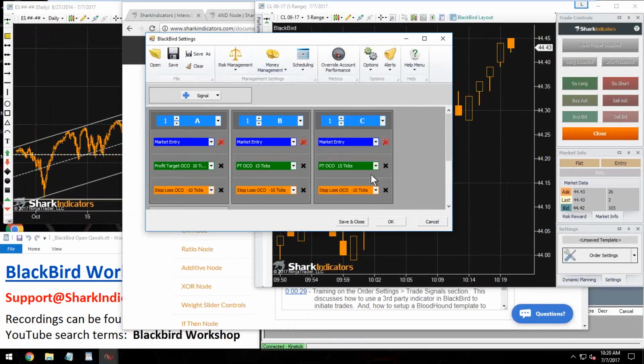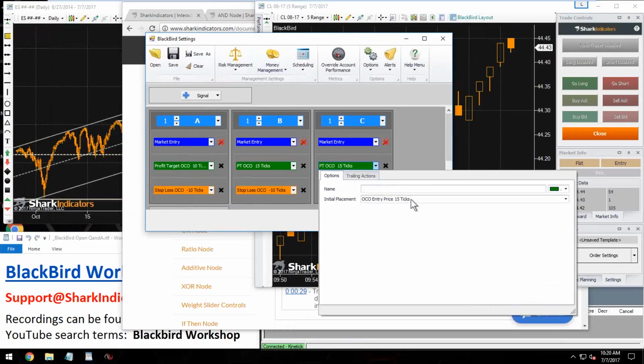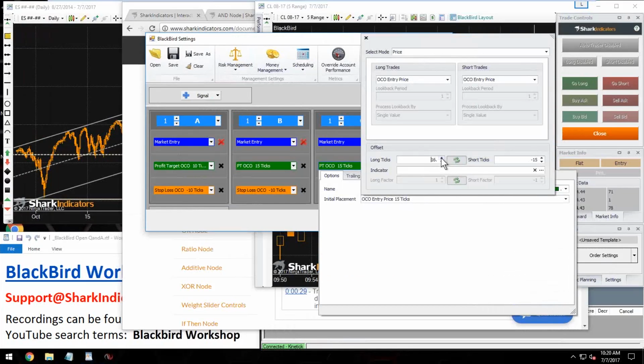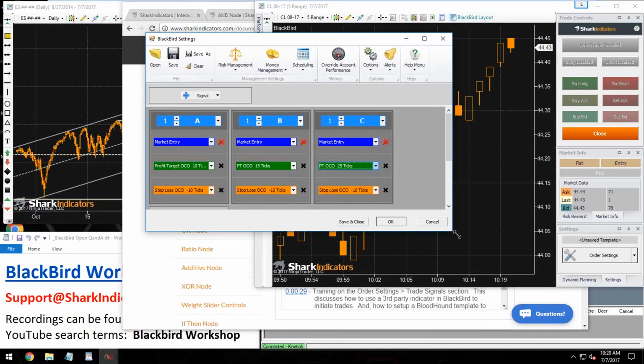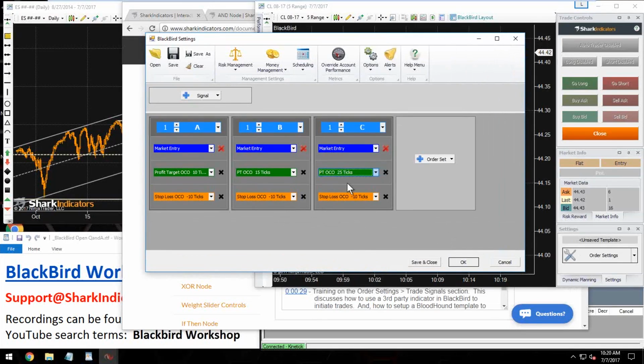But BlackBird allows you to create as many order sets as you wish, right? So basically you can backtest as many profit targets as you'd like to. And of course, you have the advanced stop loss management, so you can backtest your advanced stop losses there as well.